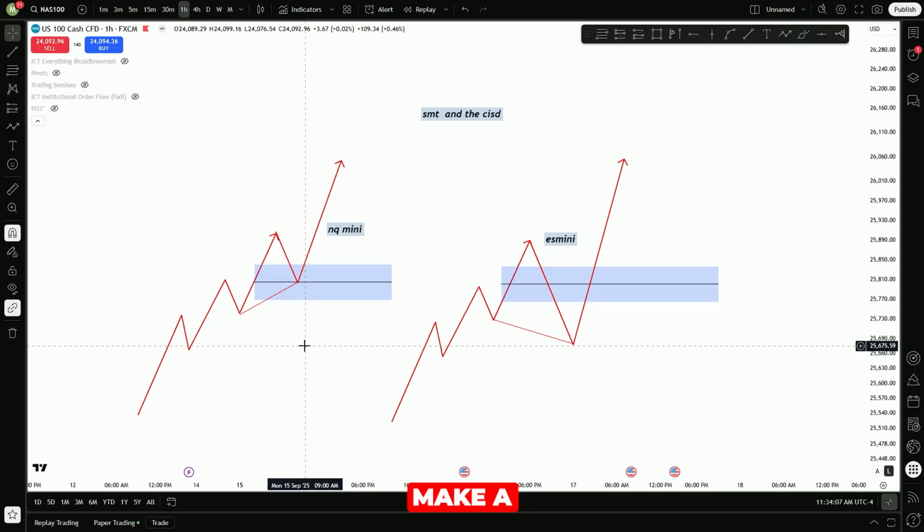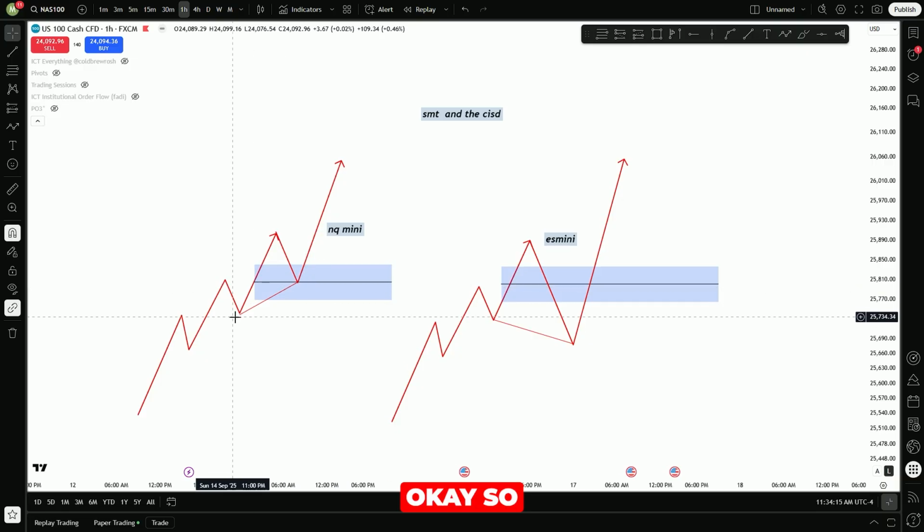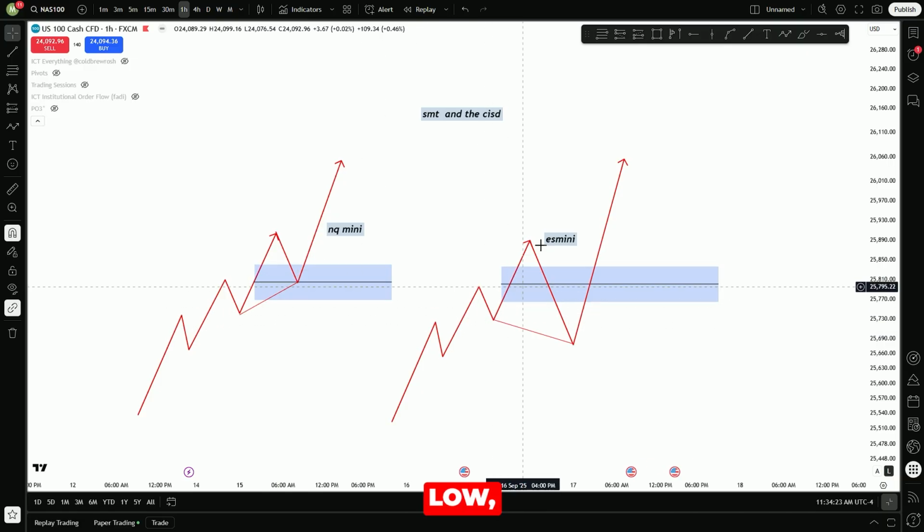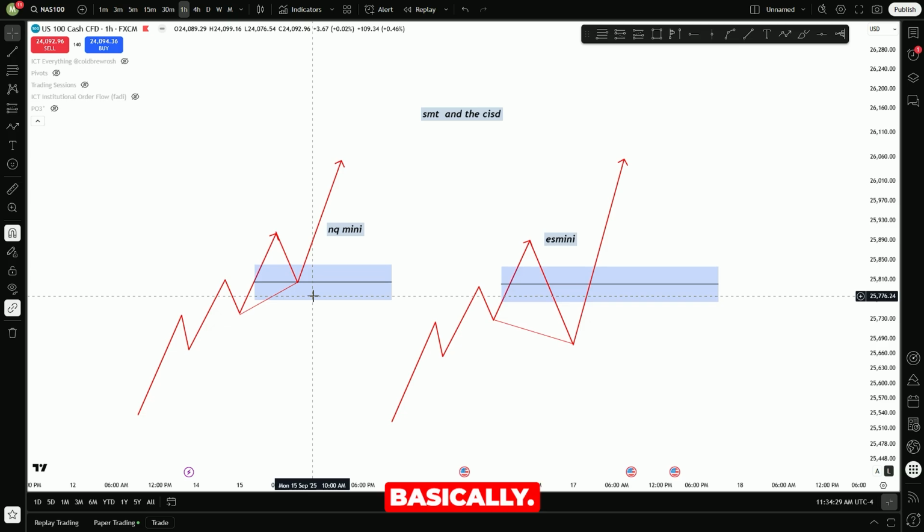One will probably make the lower low like this, lower low, higher high, and then another will make higher low, higher high, lower low, and then another higher high. This is the SMT basically.